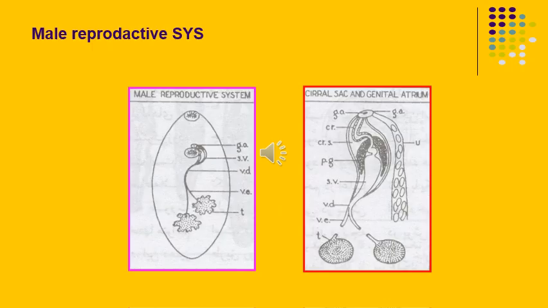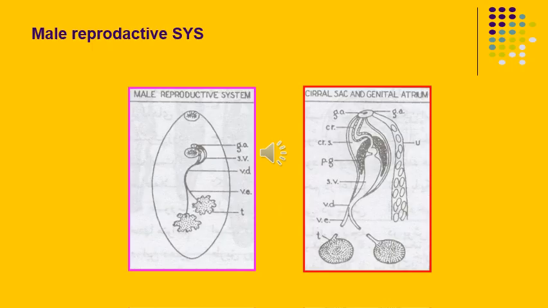The male reproductive system of trematodes consists of two testicles. These testicles are sometimes dendritic or sometimes lobular. From each of the testicles, we have a vas efferens, and the two vasa efferentia meet each other and make the vas deferens. The vas deferens continues to the seminal vesicle, the place that collects the spermatozoa.